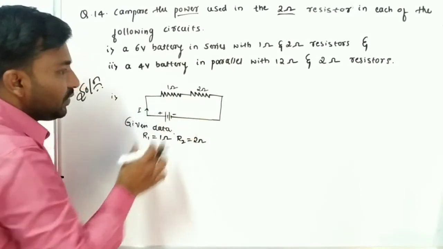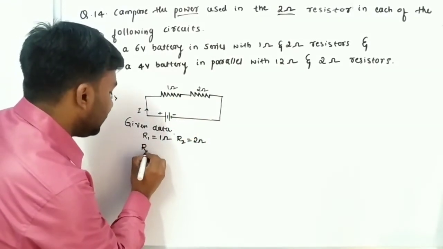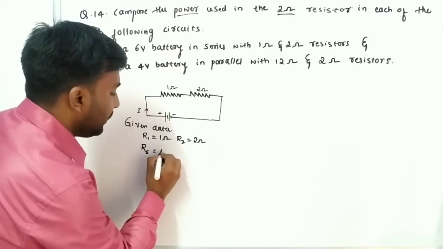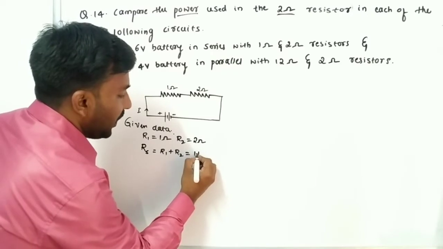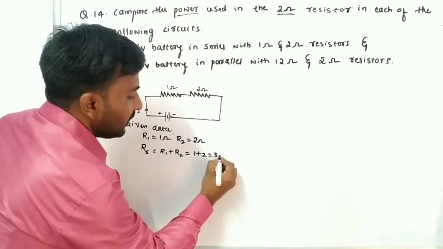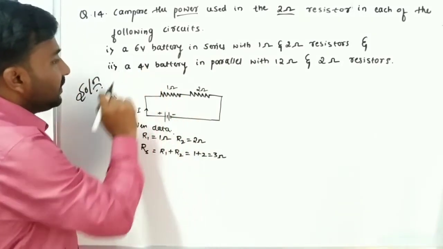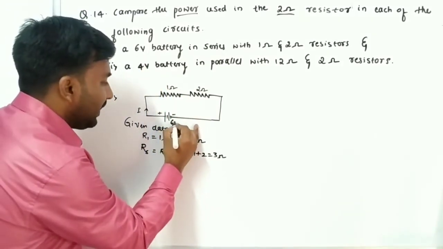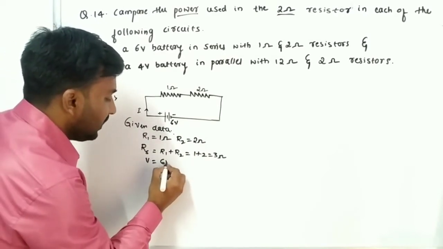Now as these two are connected in series, what will be the total resistance? Total resistance RS is equal to R1 plus R2 is equal to 1 plus 2 is equal to 3 ohm, right? Now they have given the battery is 6 volt. Therefore, potential difference is 6 volt.